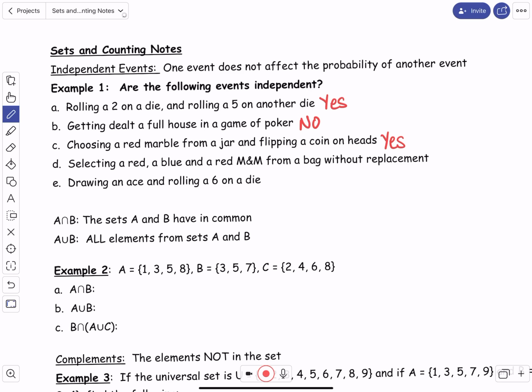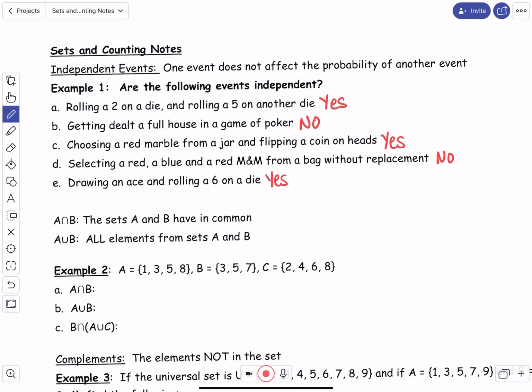So if you're not putting it back, there's less M&Ms in the bag. So those would not be independent events because if you have less M&Ms, there's less to pick from in the bag. And E, drawing an ace and rolling a 6 on a die. Since those are two separate things, those are going to be independent events.